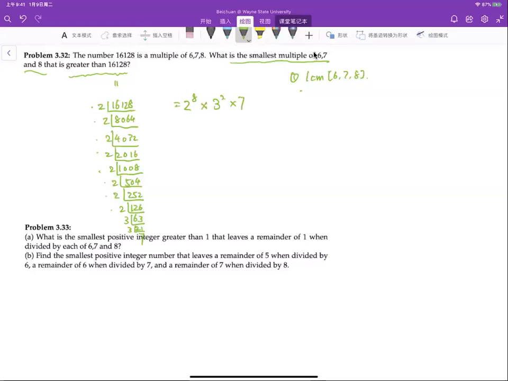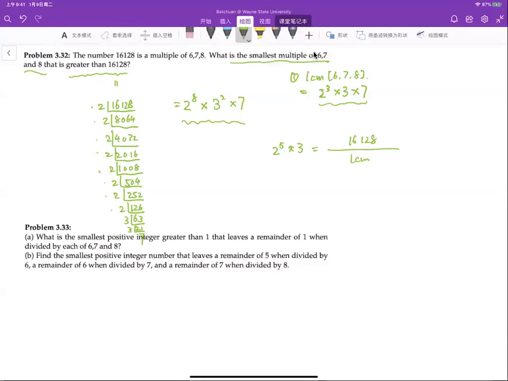So let's see, what do we need to make the LCM of the 3 numbers? So that will be 2 cubed times 3 times 7. Right. So you can see that 16,128 is much greater than this, and their quotient is 2 to the 5th times 3. So that's the quotient between 16,128 and the LCM.